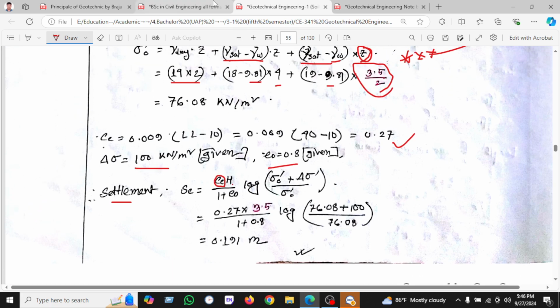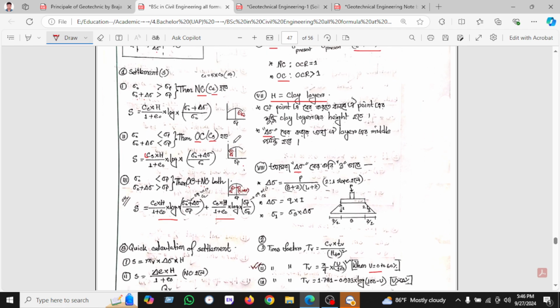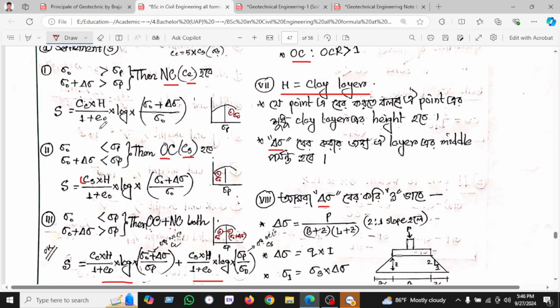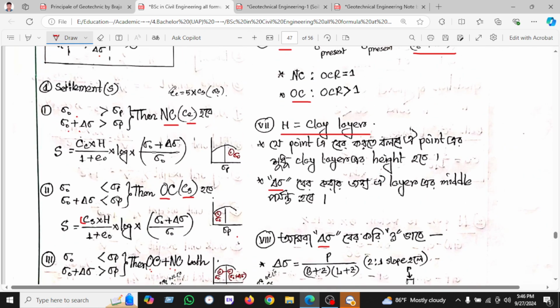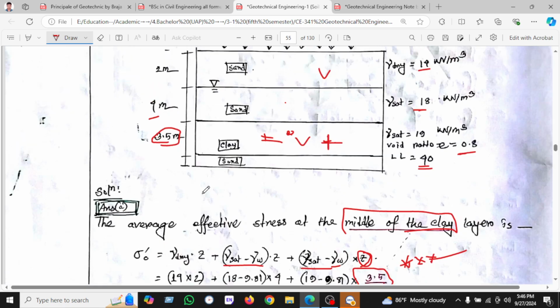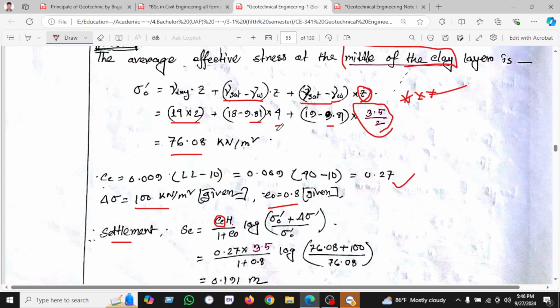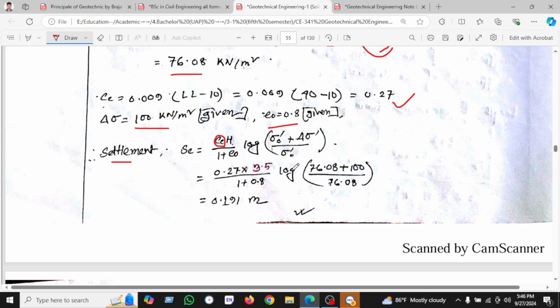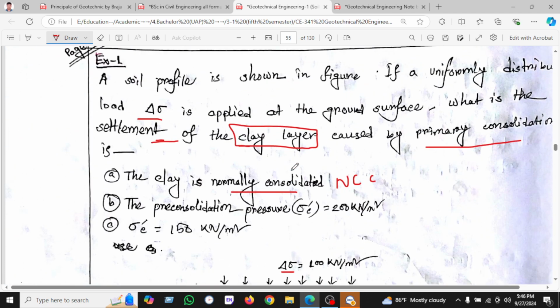How will we get it? If we go to the formula sheet, we can see here the sigma naught is greater than the pre-consolidation. Here sigma naught is 76, and the pre-consolidation is given as 200.